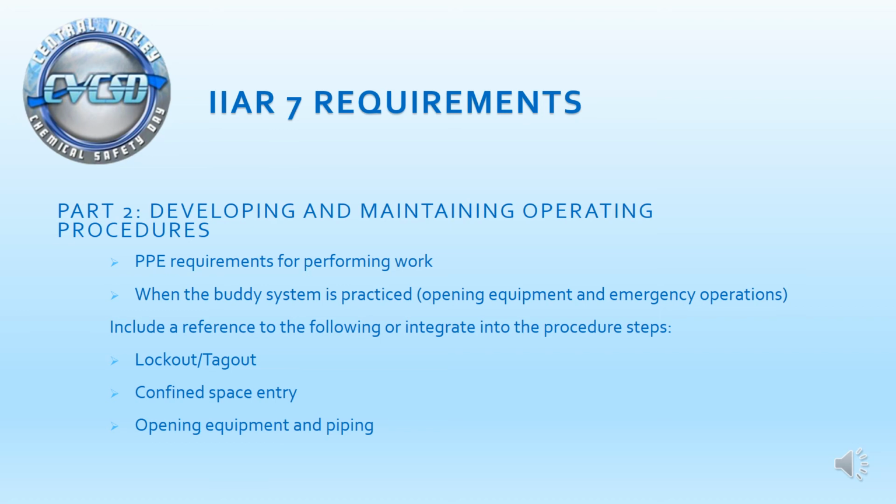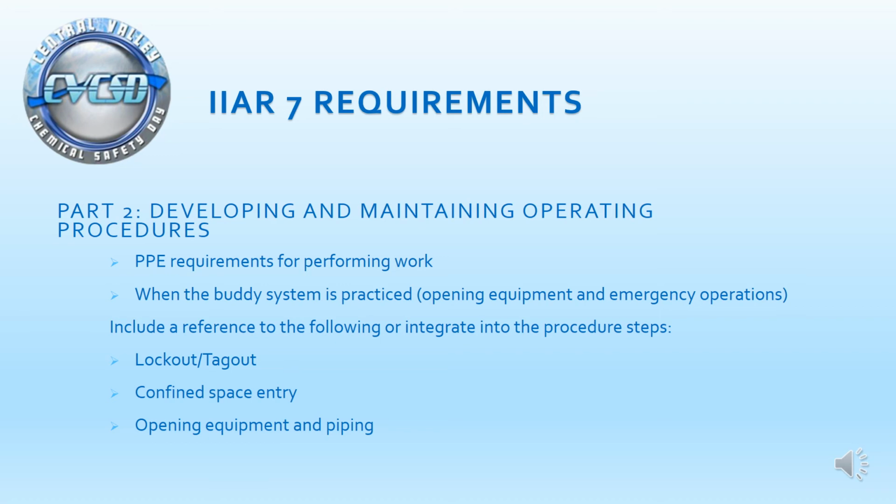Another item in IAR 7 that's required are references to integrate into the procedures or to just provide them as references. These would be for lockout, tagout, confined space entry, and opening equipment and piping.